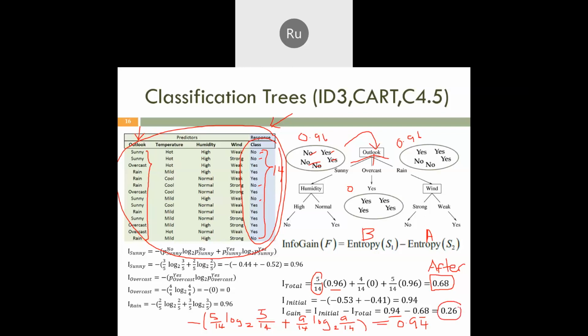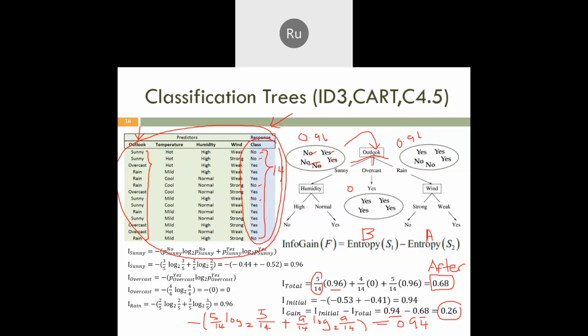So meaning that before you split the data, if they're still in one table, then you use the variable Outlook and use the values to split them into three partitions according to the number of unique values in that particular variable, and then we compute the entropy.